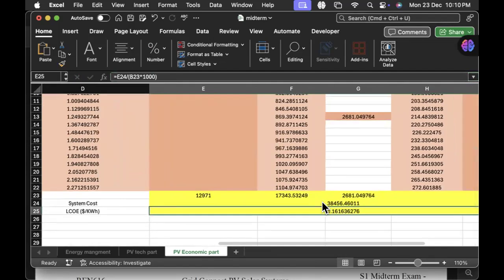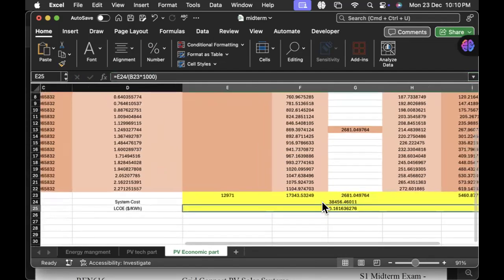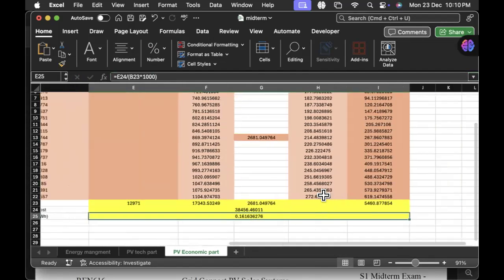Why is it amazing, my dear students? Because simply, this is typically what the guy in Nairobi is paying now in 2024. So you're telling him that by doing this system, you are going to maintain the electricity cost constant for 20 years.